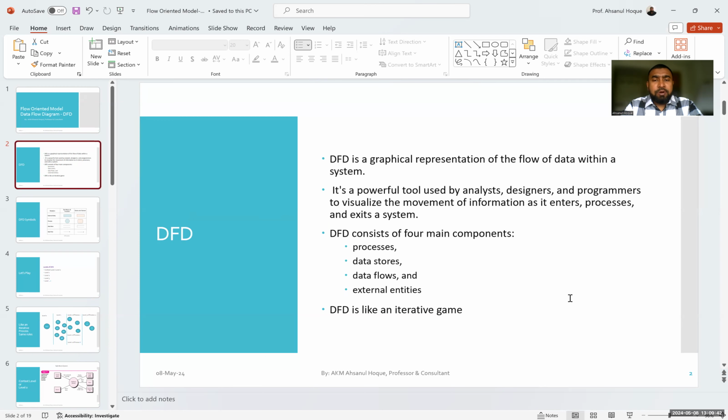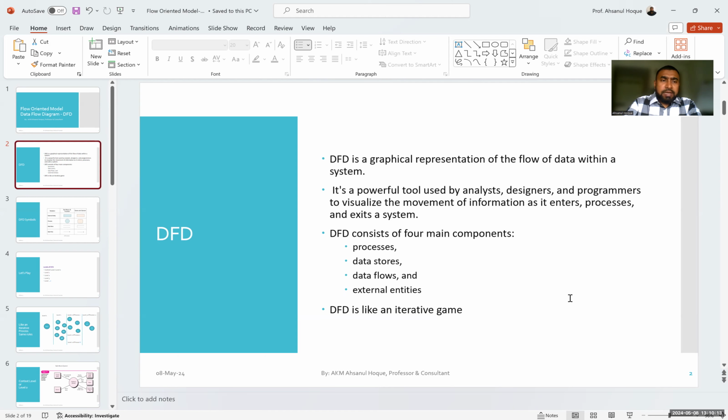In the same way, the data flow diagram has only four main components, only four symbols: the process, data store, data flow, and external entities. I say the data flow diagram is basically an iterative game, because throughout the activities the same rule is applied, and it goes up to the last level. We follow the same rules.